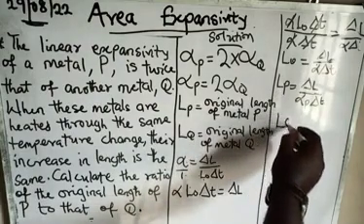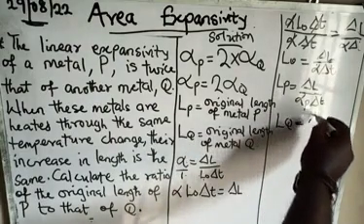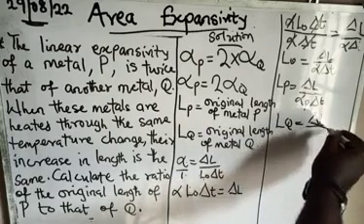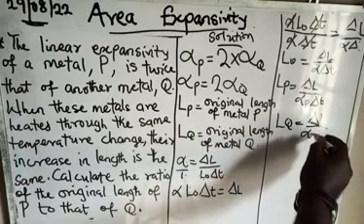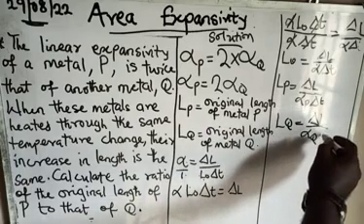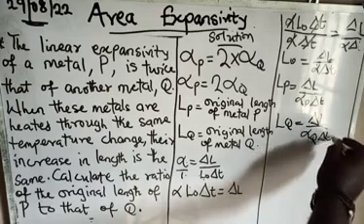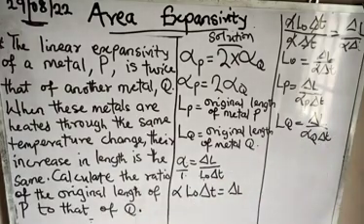LQ is equal to still change in L, since both of them are the same, all over the alpha of Q times change in T. Remember that the change in length and the change in temperature are the same. Now we're asked to find the ratio of the original length of P. That's the ratio of this to this.